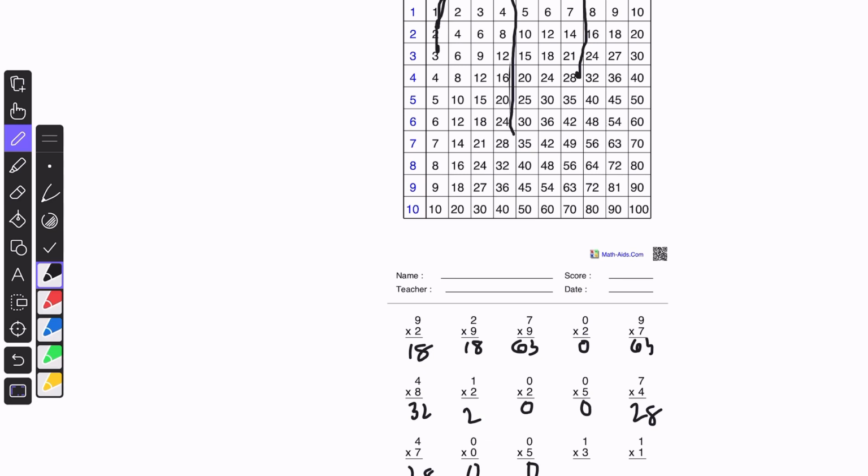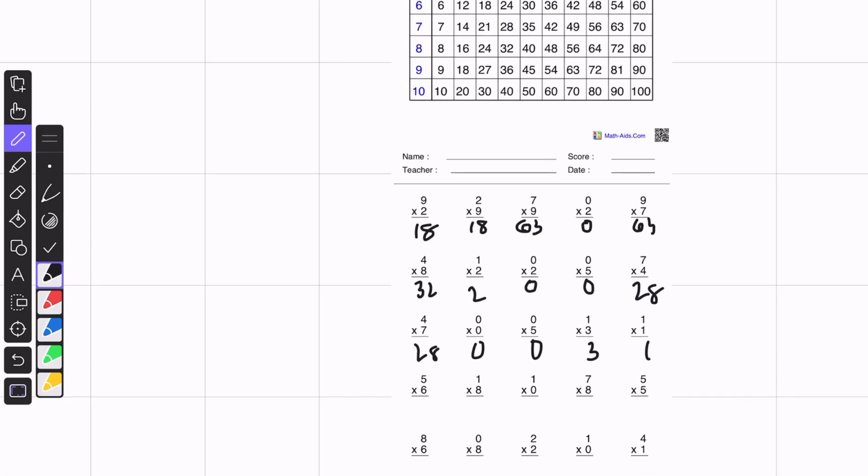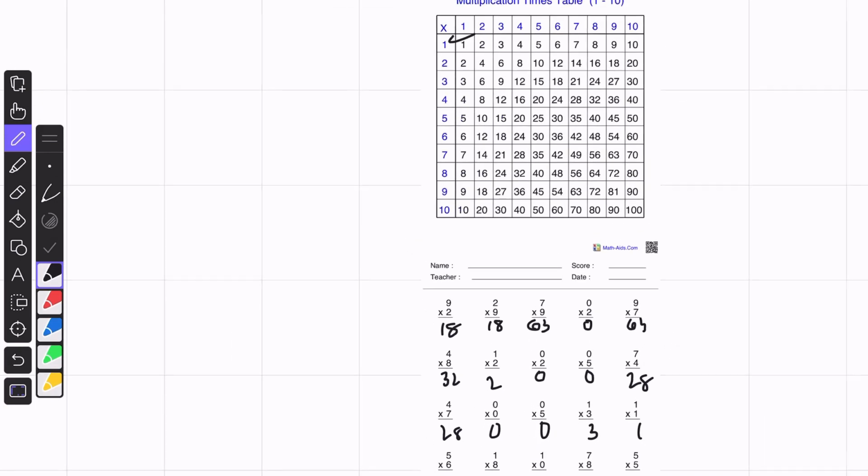Stop when we get to 3. There's 3. And then 1, here's 1 and 1. Here's 1, right there. 5 and 6. Here's 5, here's 6. Where do they meet? They meet at 30.